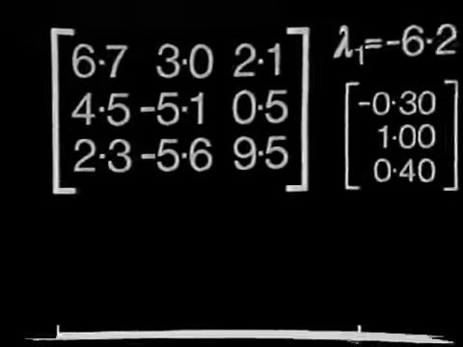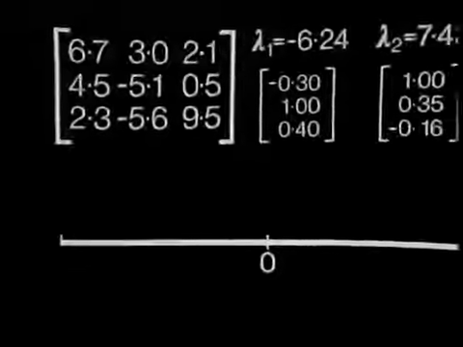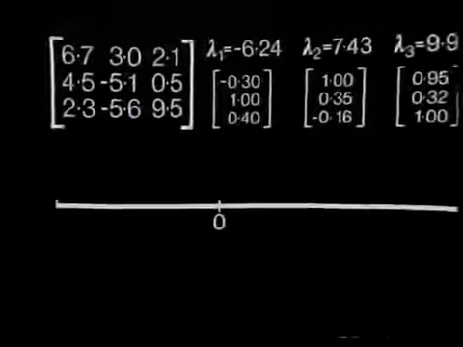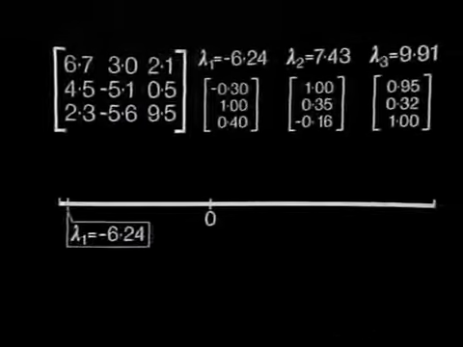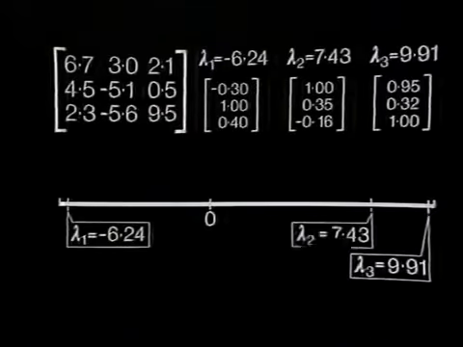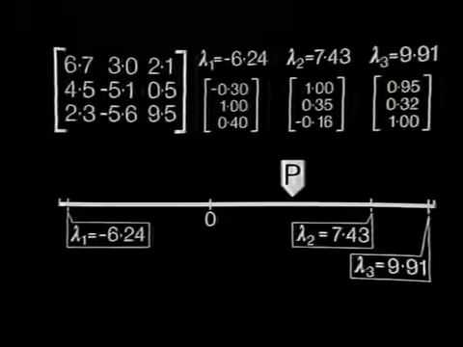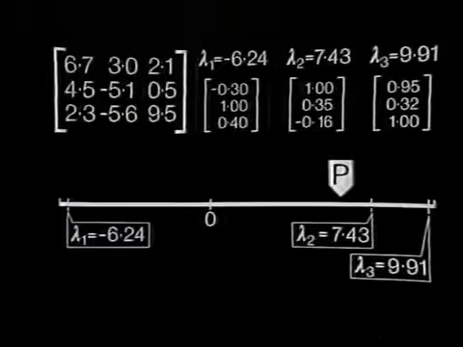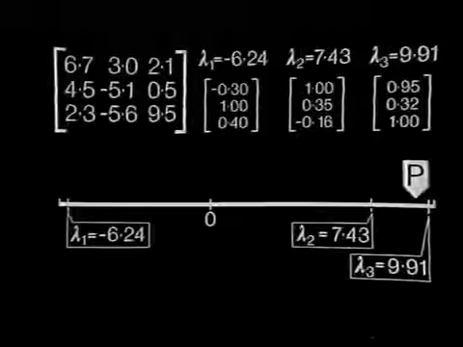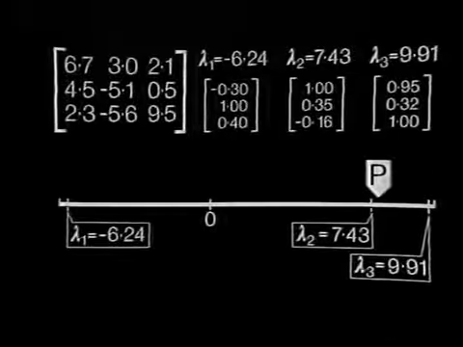So, for this matrix with these 3 eigenvalues, minus 6.24, 9.91, and between them 7.43, the behavior of the iteration depends on p. For any particular value of p, the iteration process will give the eigenvalue nearest to p. Here, it will give 9.91. Here, it will give 7.43, which is what we want.